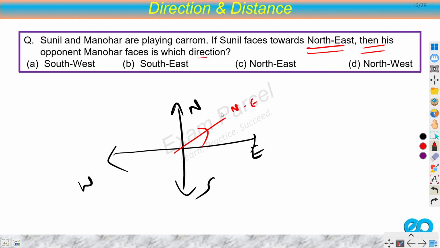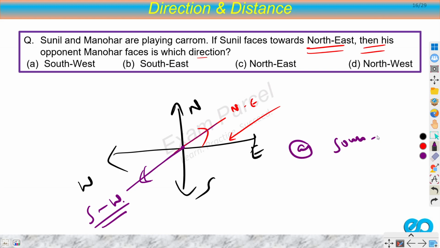Obviously they would be sitting opposite to each other, right? So that would be just opposite of this. What is the direction? This one. This is southwest. Just diagonally opposite to this direction is southwest. So option A, southwest.